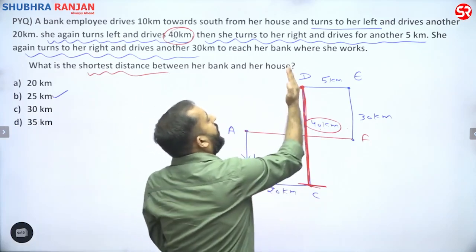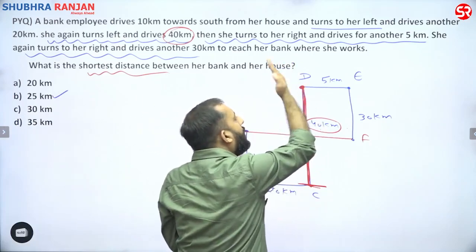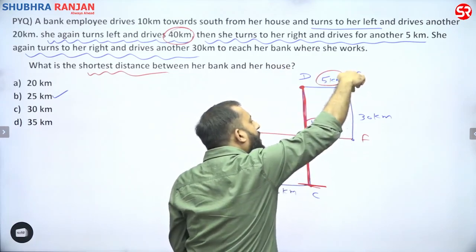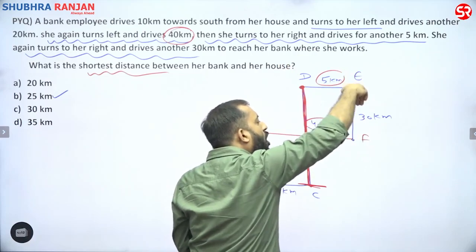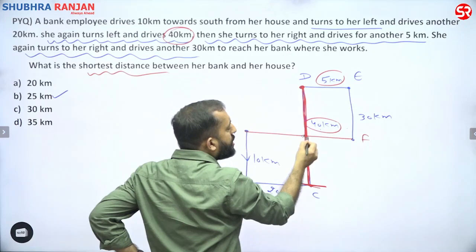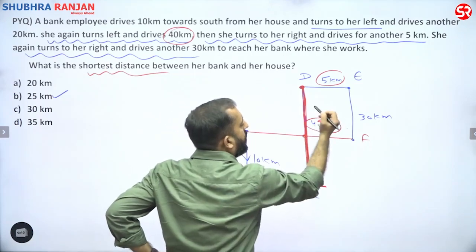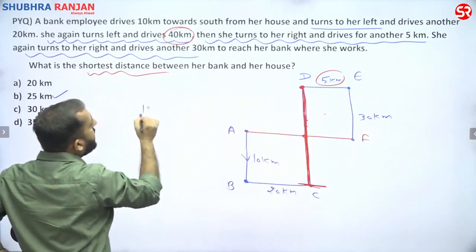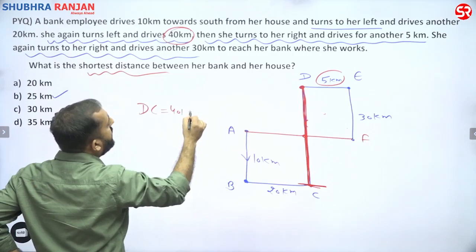Now, she took a right turn here, traveled 5 kilometers, and from point E, she is going 30 kilometers downward. So I'm writing DC 40 kilometers given here.